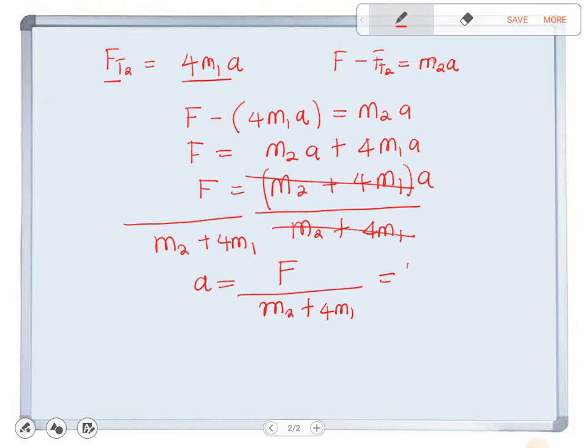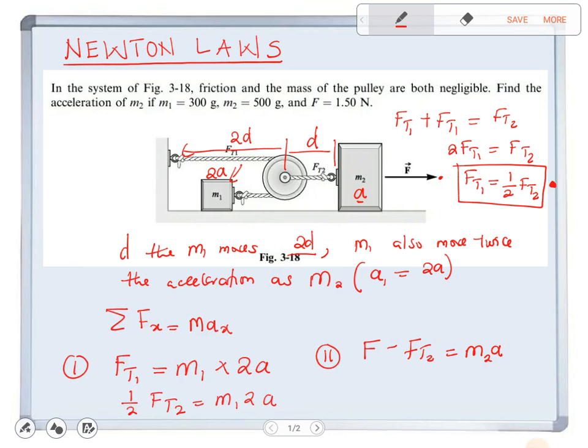Well, let us now replace 1.5 over, well, what you need to do is that mass should be in kg. So we multiply this one by 4, which will give us 1200 over 1000, which will give us 1.2 kg. This one over 1000 gives us 0.5 kg.